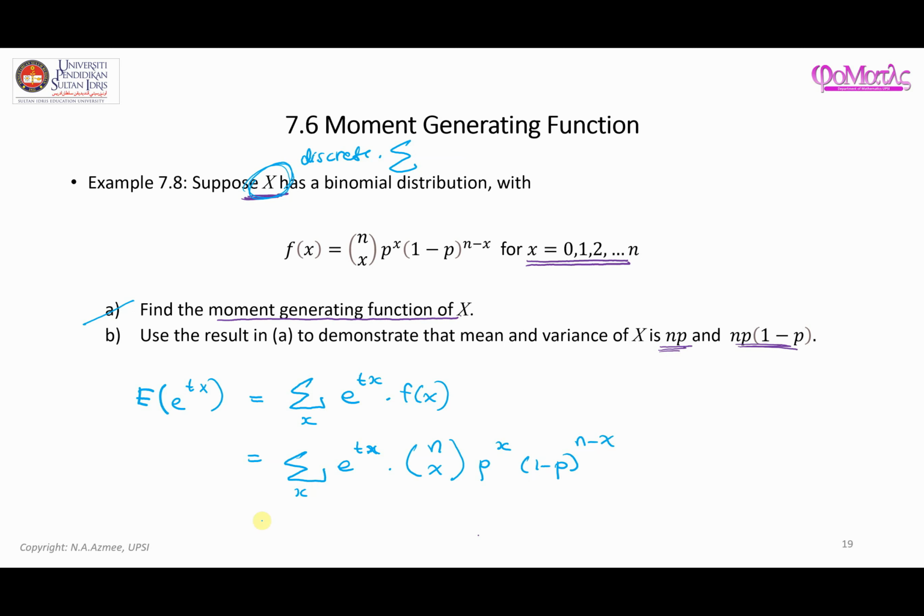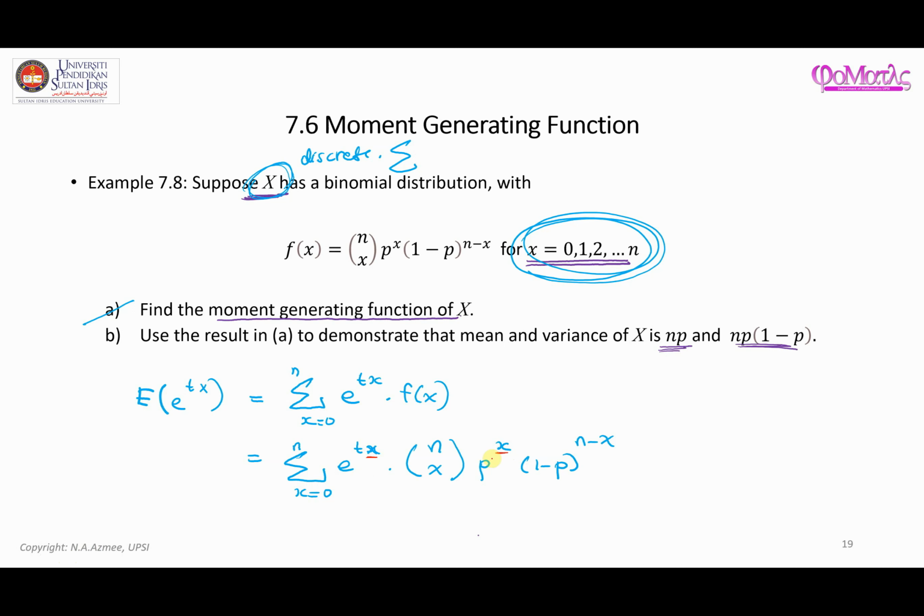If you want to be more precise, we can consider x from 0 until n. How do you know x goes from 0 until n? It's stated here: the values of x can take a minimum value of 0 and it goes up until n. Next, you see that here we have x in one term and over there we have x as well.